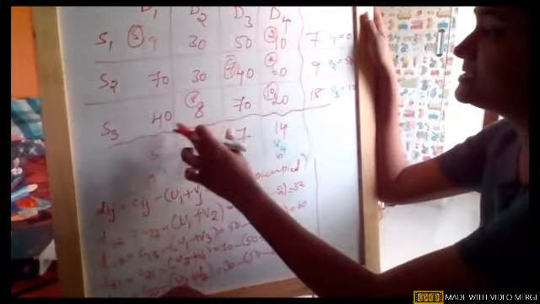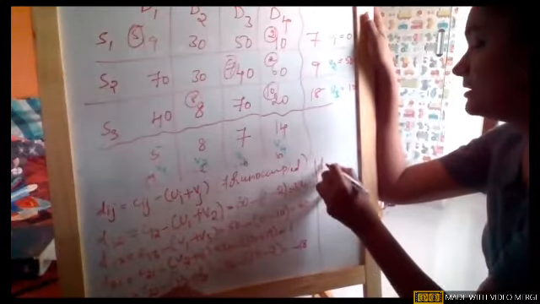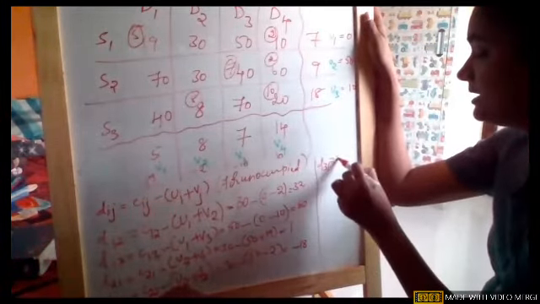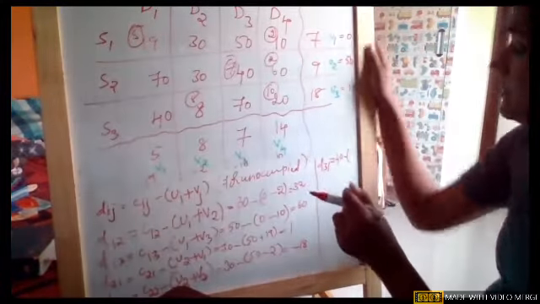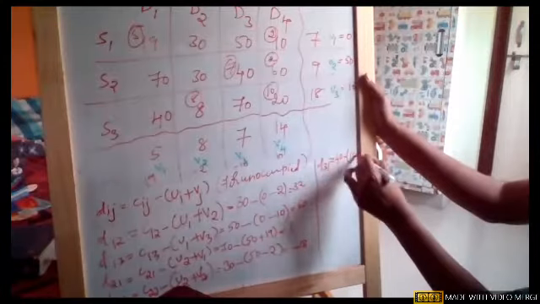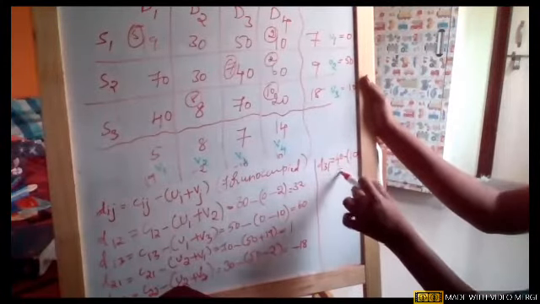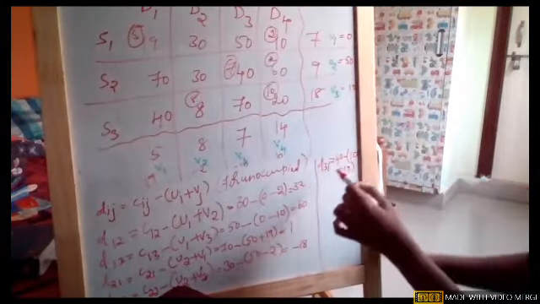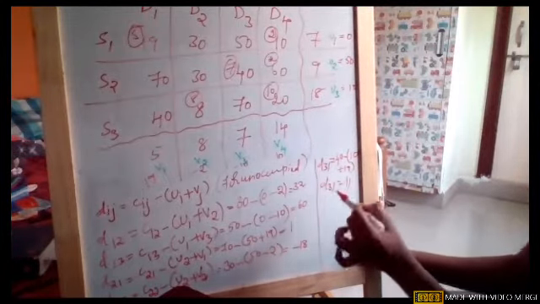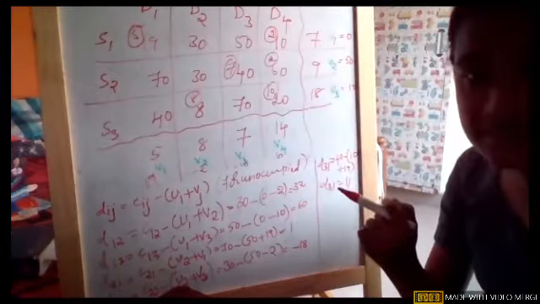The next unoccupied cell is D31. The cost in that is 40 minus U3, which is 10, plus V1, which is 19. So 40 minus 29, which is D31, is equal to 11. Okay, girls, are you getting me?